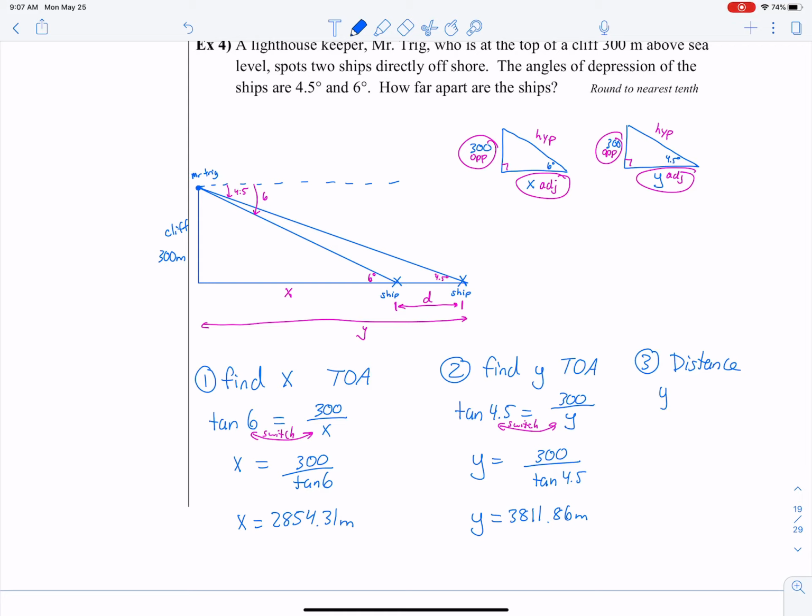So I'm going to do y minus x to find my distance. So that's 3811.86 minus 2854.31.